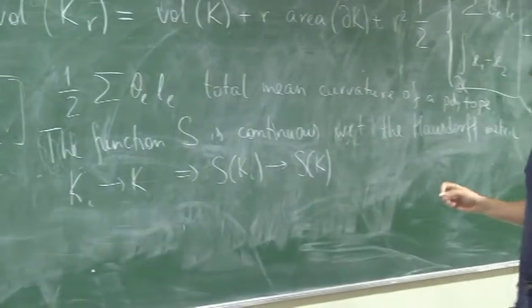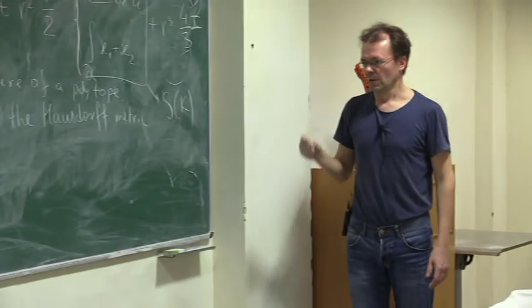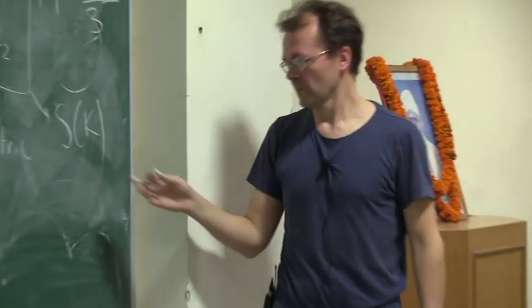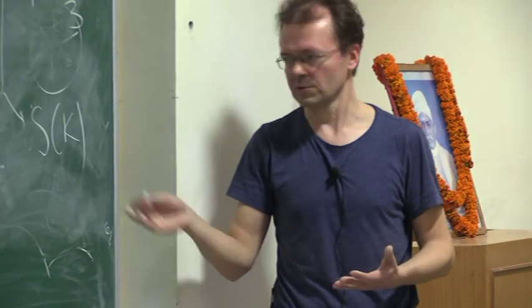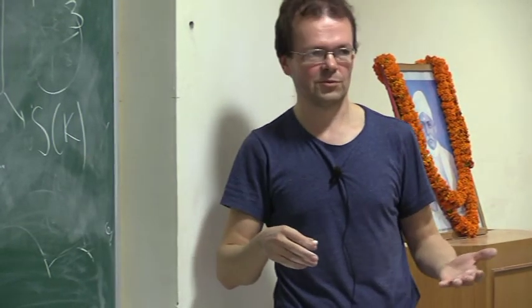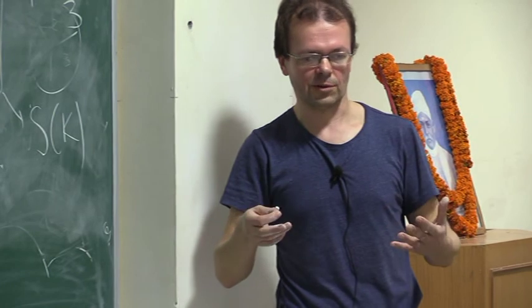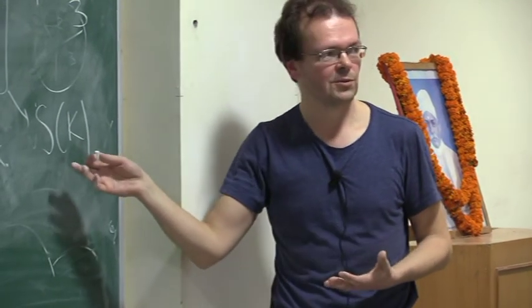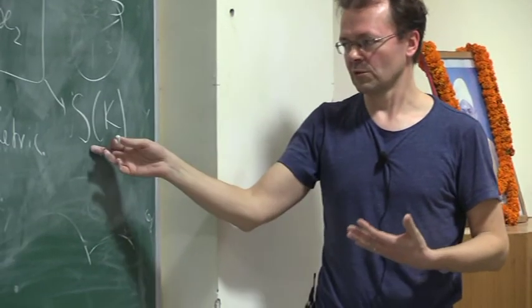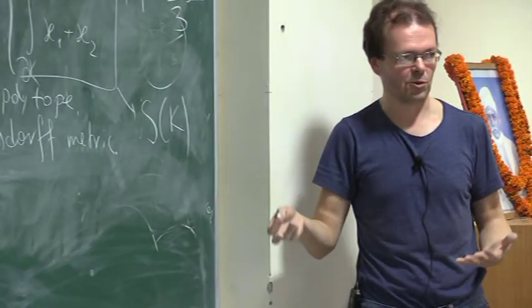And another fact is that, again, the set of all convex bodies is much bigger than just polytopes and smooth bodies. So any convex body can be approximated by polytopes, and therefore it is possible to extend this function to the space of all convex bodies.